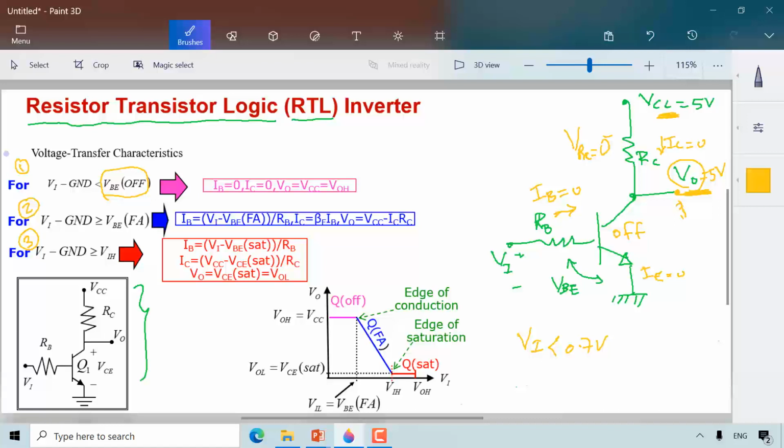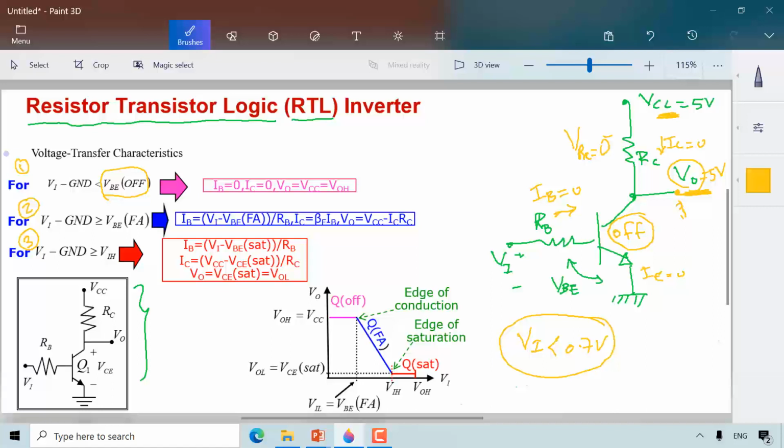And watch the important condition: this is when our device is in the off state, when the input is less than 0.7.